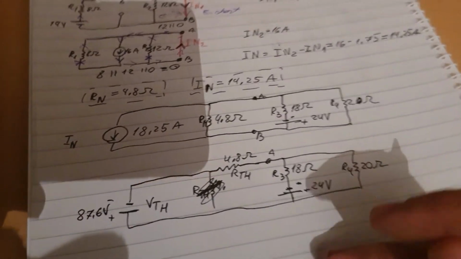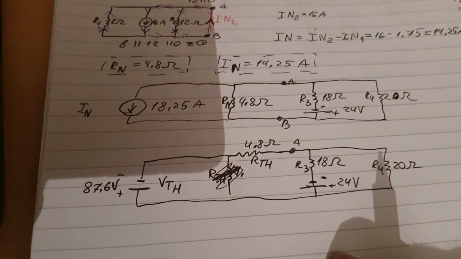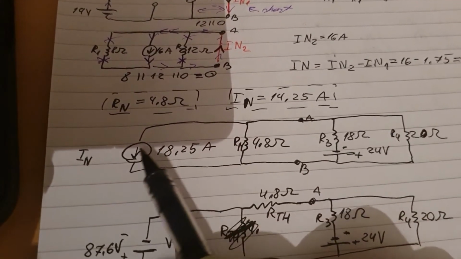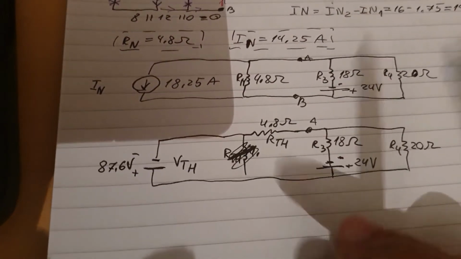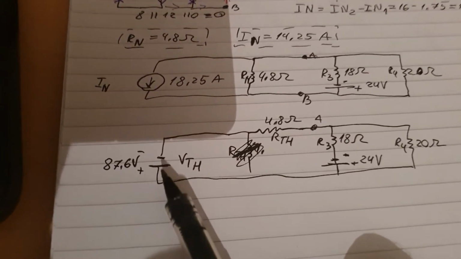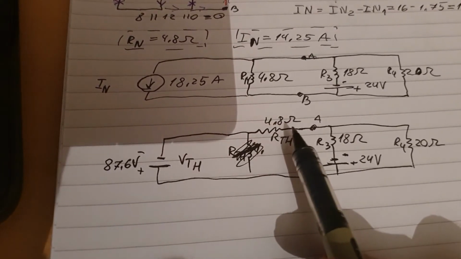And this will be the circuit transformed into Thevenin's theorem. Instead of having a parallel resistor with a current source, we made it into a series, that's called a voltage source in series with a resistor.